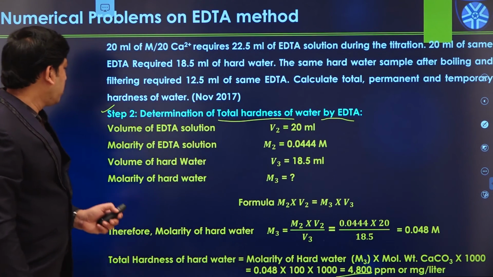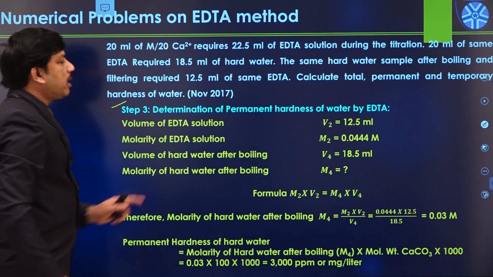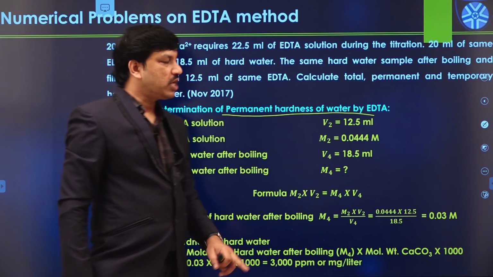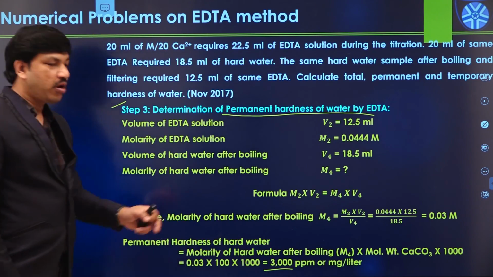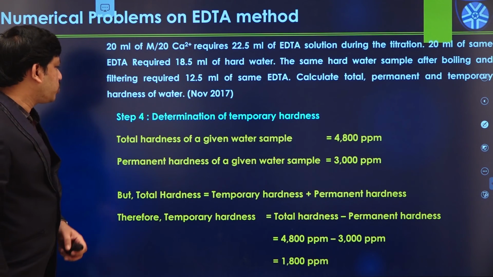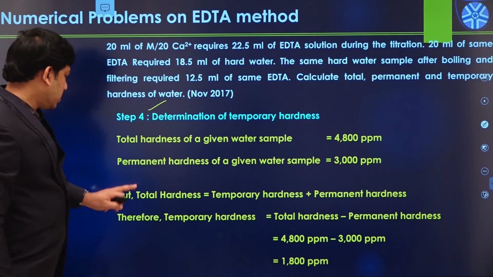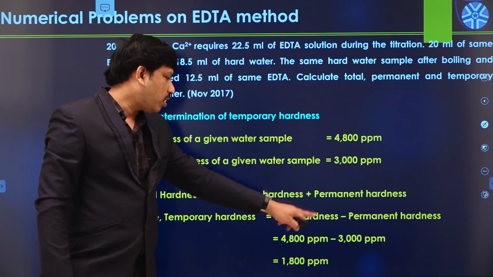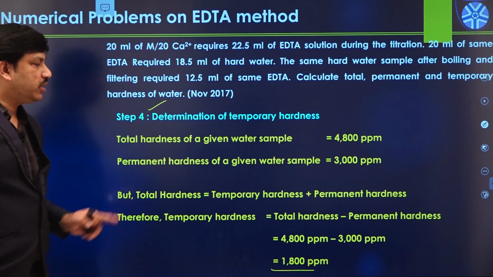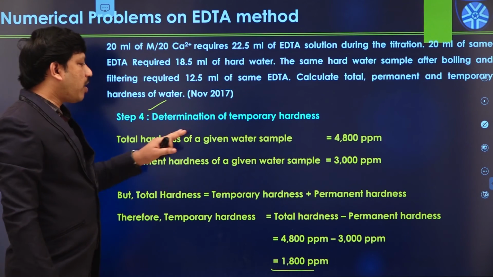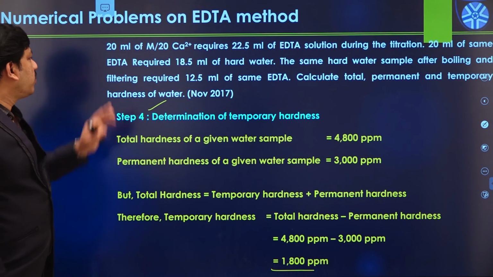And first we measured the permanent hardness of the given water sample. We have done the same process, and that provides 3000 ppm of hardness. And the last step, determination of temporary hardness. Temporary hardness is equal to total hardness minus permanent hardness, and this is the value we have obtained in this example. So like this we have to determine the various values from these problems.